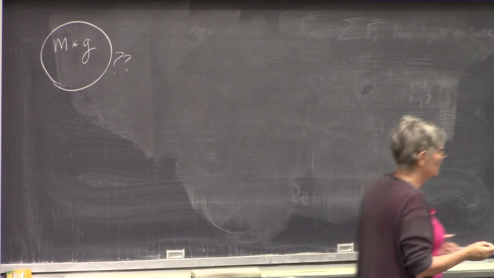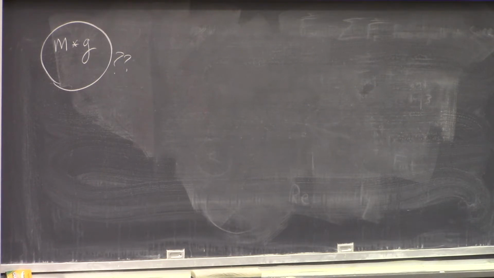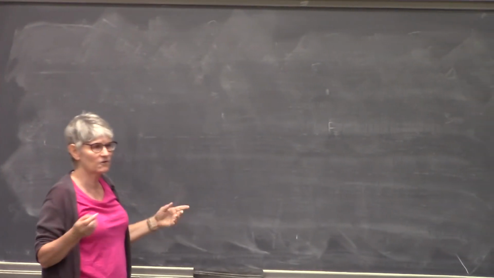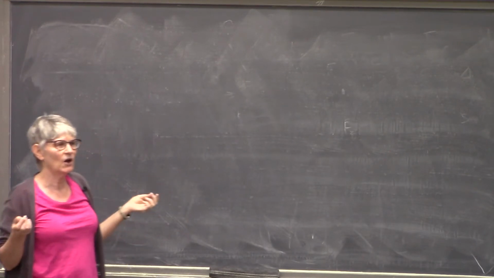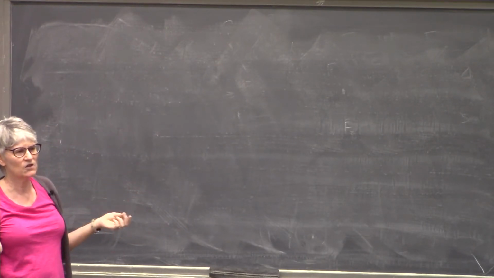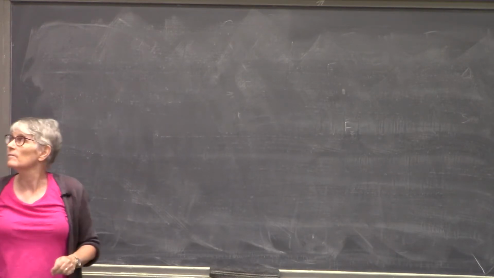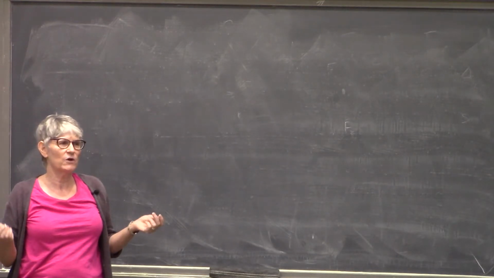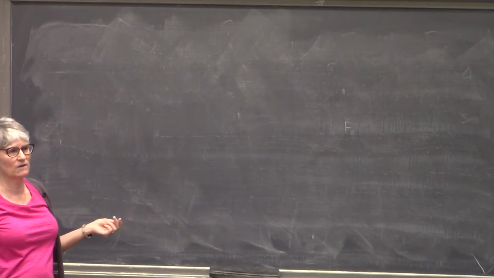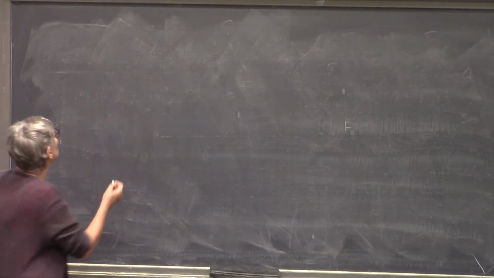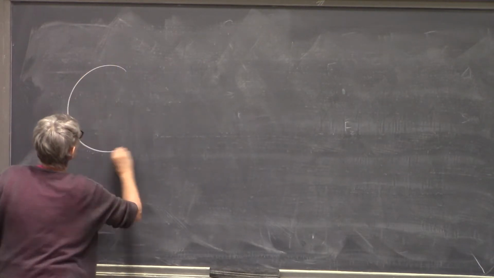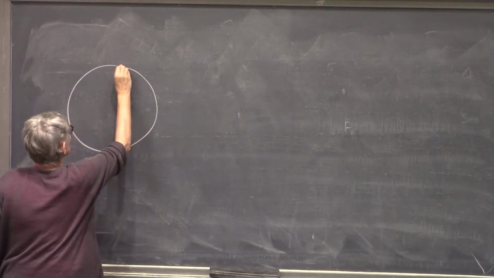So let's calculate the force on an object that's on the surface of the Earth or near the surface of the Earth using our general equation. We're going to talk about magnitude here. We know what the direction is going to be. So here's the Earth.